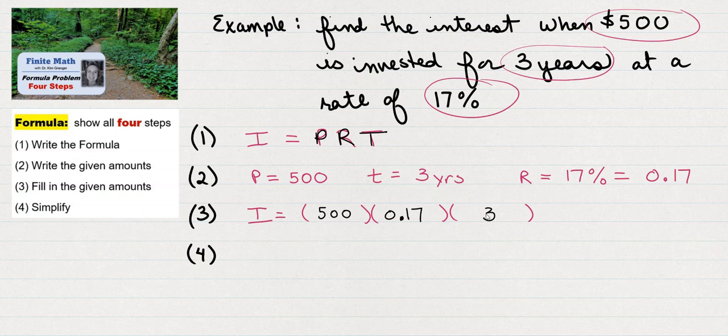By the way, notice that this has to be given as an annual interest rate. And if it's not described otherwise, it's implied that it's an annual interest rate. If it's a daily rate, monthly rate, quarterly rate, it'll say that. But the time, in this case we were given 3 years, has to match up with the type of interest rate.